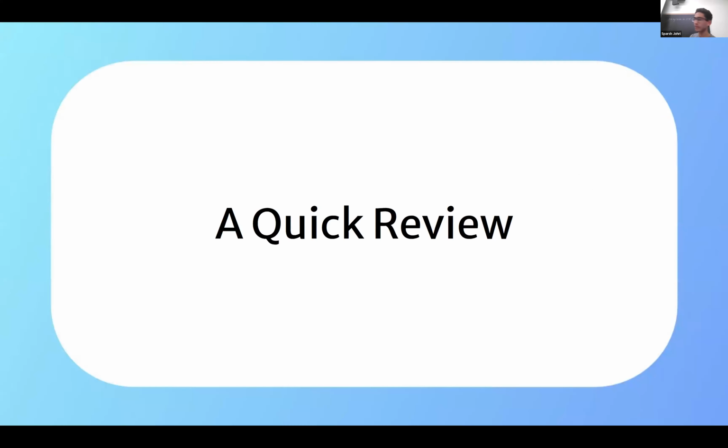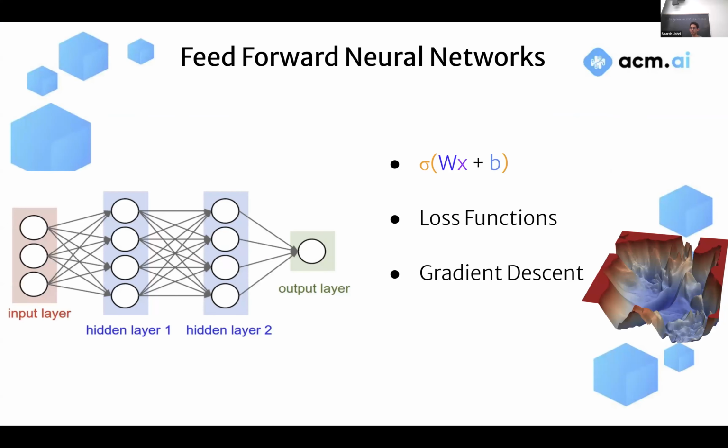So, a quick review. Last week we introduced the concept of feed-forward neural networks, where you take an input layer, multiply it by a weight matrix, add a bias to it, and then pump that through a nonlinearity function so that you end up with more complexity as you add more layers. In addition to this feed-forward format, you also have something called a loss function, which is a way to describe the score of how good your model is.